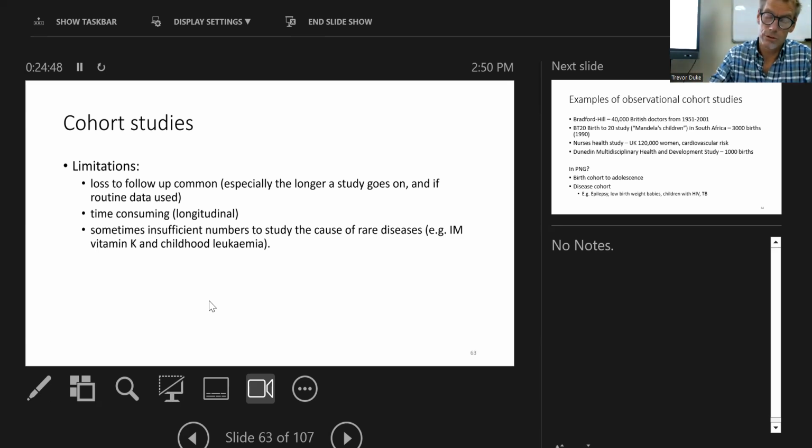But it also led to intramuscular vitamin K being withdrawn in the UK for a while, and then the rates of hemorrhagic disease of the newborn rose again, and then there were better long-term studies done that proved that it wasn't actually a risk factor for leukemia. So vitamin K was reintroduced.